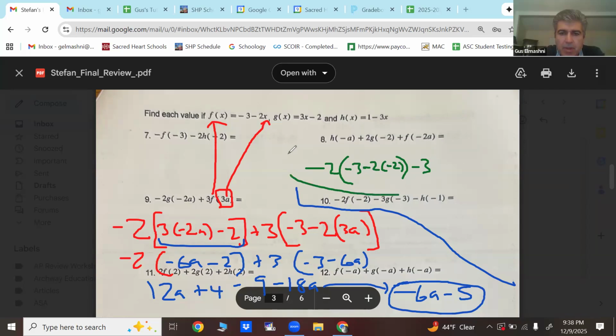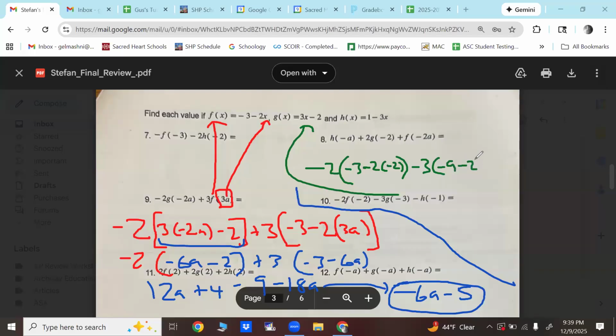If you plug -3 into that, it's -9 minus 2, minus h of -1. If I plug in -1, I'm going to put parentheses: 1 minus -3.